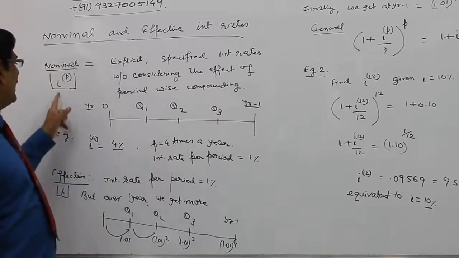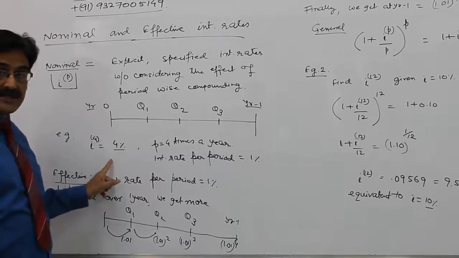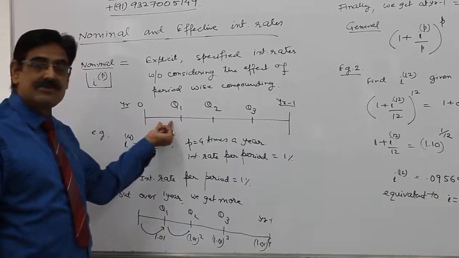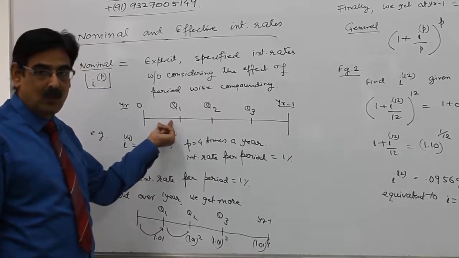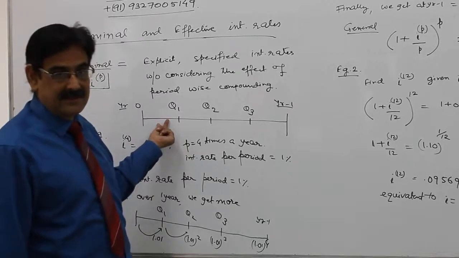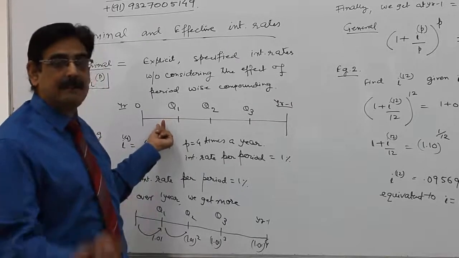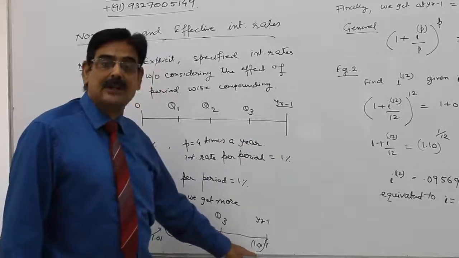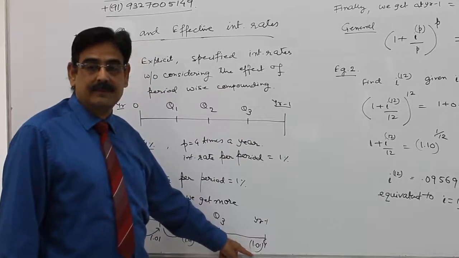So we say I(4) is 4%, and corresponding to that the nominal interest rate per quarter is 1%. The effective interest rate per quarter is still 1%, but after considering compounding, at the end of a year we get back 1.01 raised to the power 4.